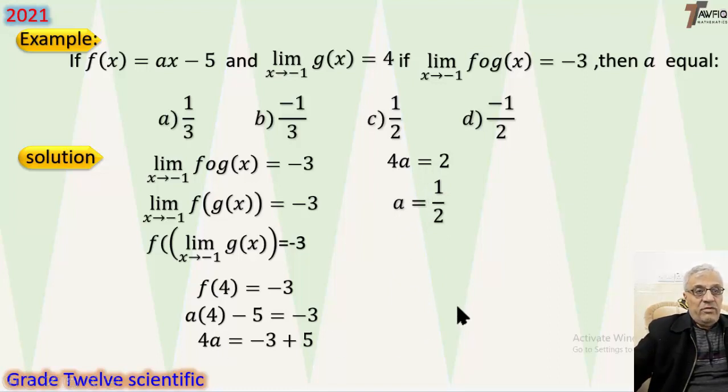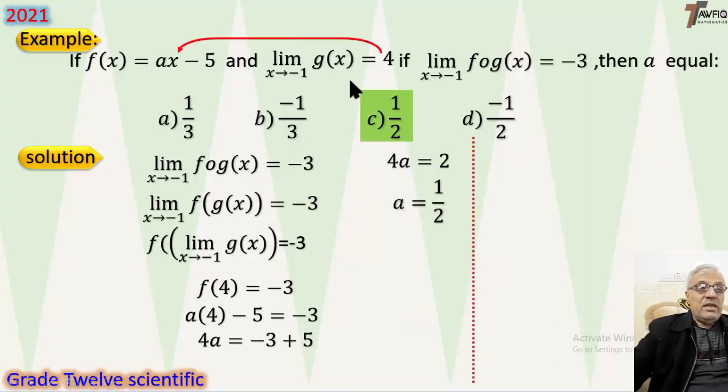We have a fast way to solve this example, which is to replace x in f(x), replace 4 in f(x). It becomes a4 minus 5, or find f(4).